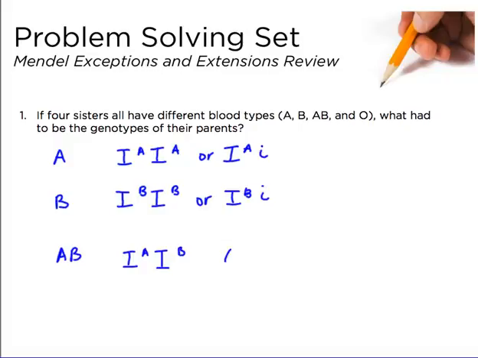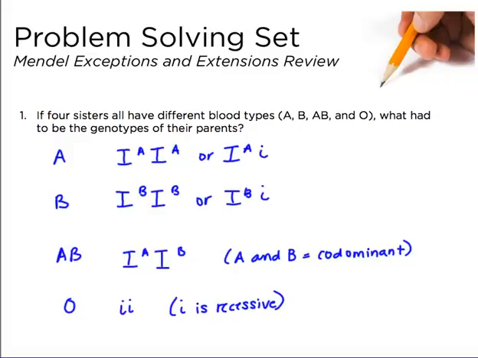And remember that A and B alleles are codominant, and that's why she has both in her phenotype. Now for O, this daughter has to be little i, and that's because the little i is recessive to both big IA and big IB.